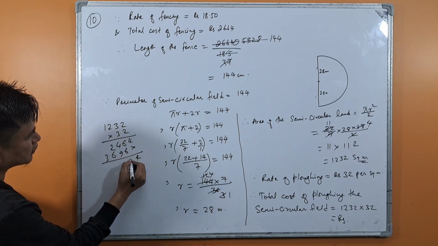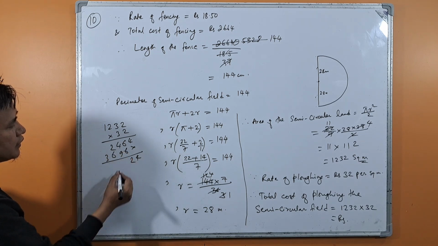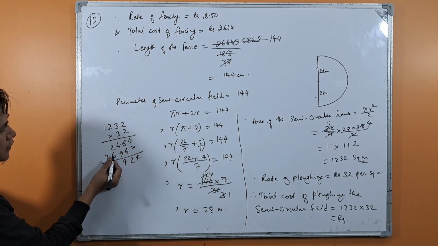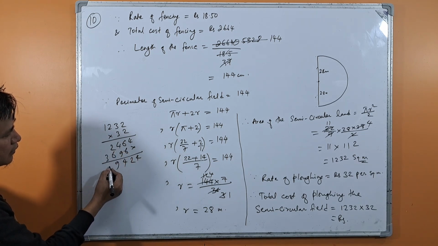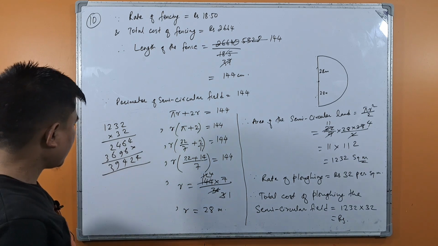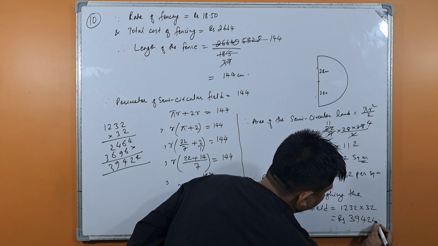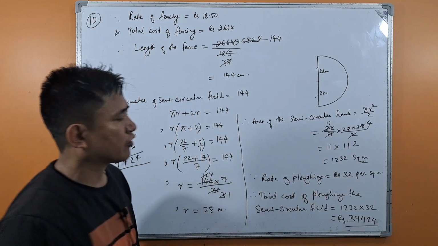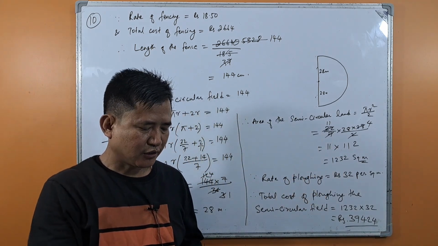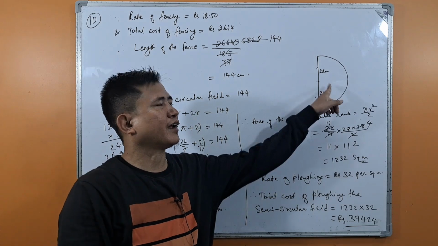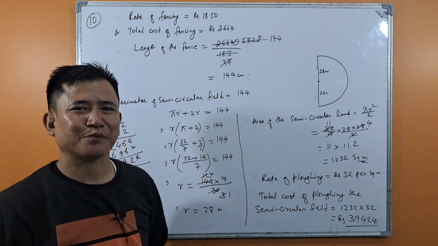Adding up, we get 39424. Rupees 39,424 is needed to plow this semicircular land at the rate of rupees 32 per square meter.